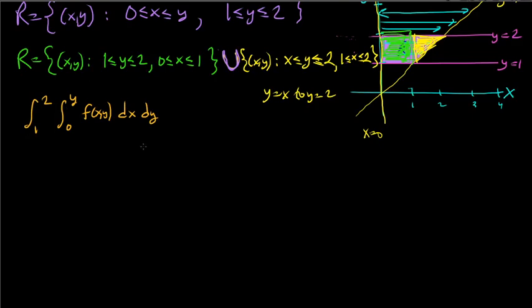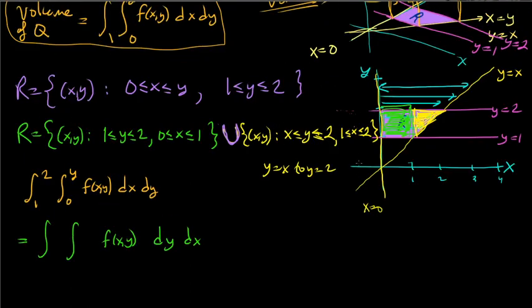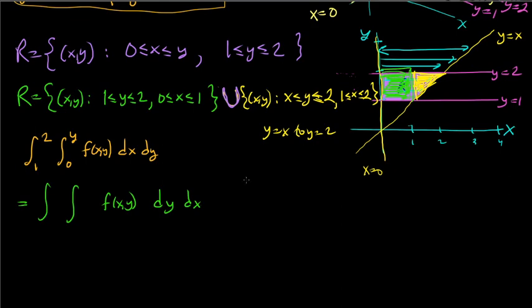But now we can rewrite this, right? We can rewrite the same integrand, the same surface, but we want to switch the integration from dx dy to dy dx. So that means we have to interchange the limits here, right? So what is y doing, right? Y is going from 1 to 2.